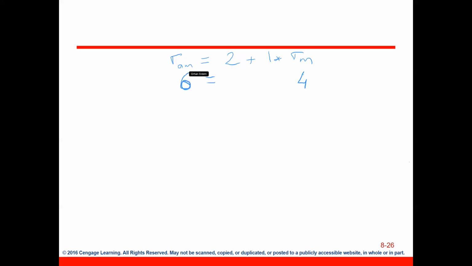Perfect. Now let's increase the market by 1. 5 times 1 is 5, plus 2 is 7, right? Which means the market increased by 1, and Amazon increased by 1 too, not half, just because the beta is 1.